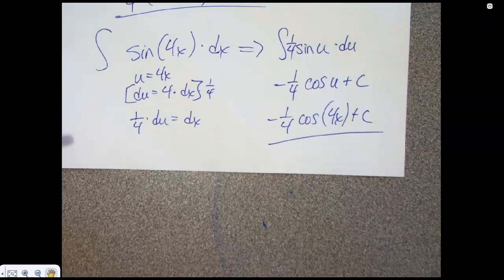I'm actually not going to show you reverse chain rule yet. So on here, I gave you the first 10.